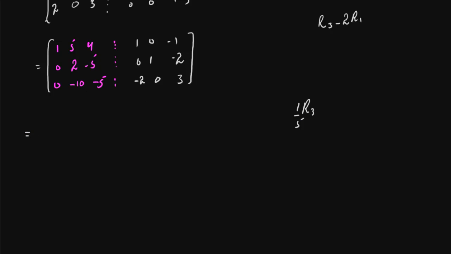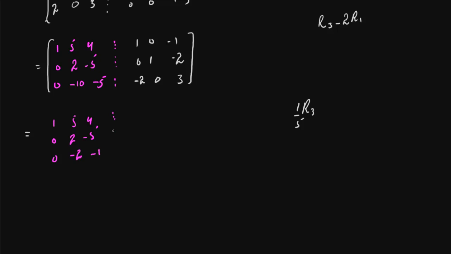And what we are going to do here: 1 5 4, 0 2 -5, and we have 0, because when we divide 5 by 1 over 5, the answer will become 0, and here we will get -2, and here we will get -1.